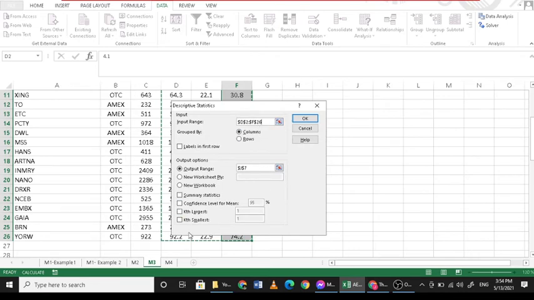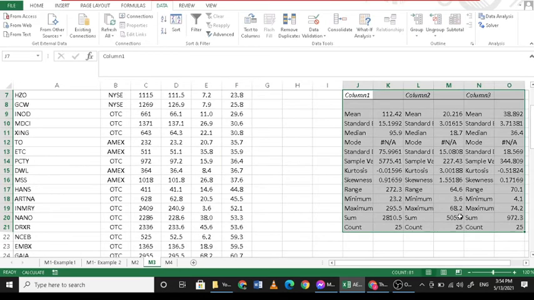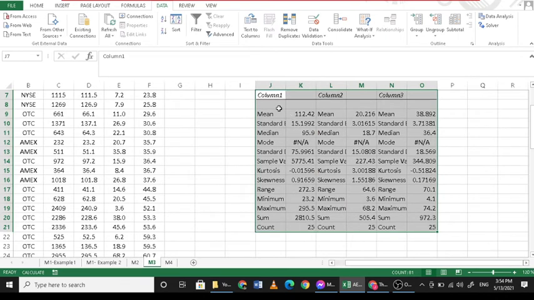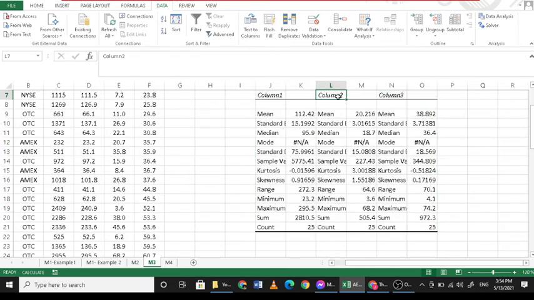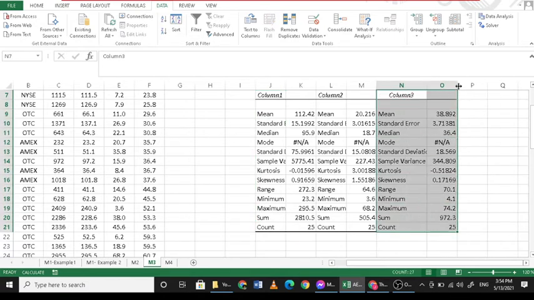Then check summary statistics and click okay. So column 1, column 2, column 3. Let's just use column 3, since that is the one we used earlier.